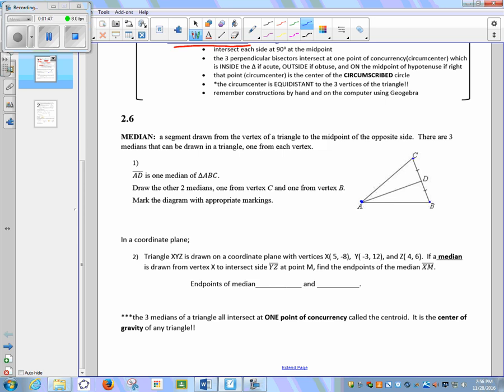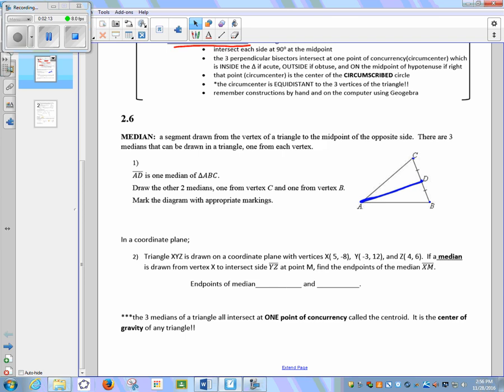So we're at vertex A, and then we find the midpoint of the side across from A. If this is angle A, remember the side opposite is directly across. To draw the median, you start at the vertex and end at the midpoint of the opposite side. So that's the median.